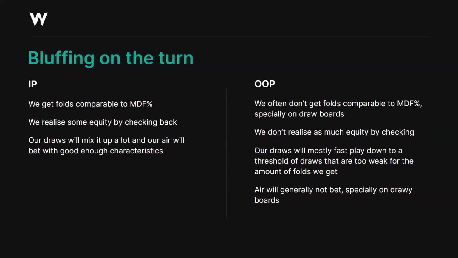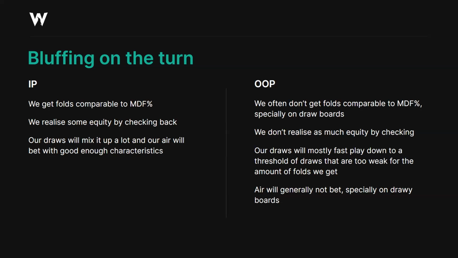Our draws will mix it up in position, and our air will bet with good enough characteristics. So why? Well, because we are getting folds comparable to MDF, meaning we can bet with air as long as it has good enough characteristics, right? If we have decent blockers with the air, we're getting enough folds so we can bluff.